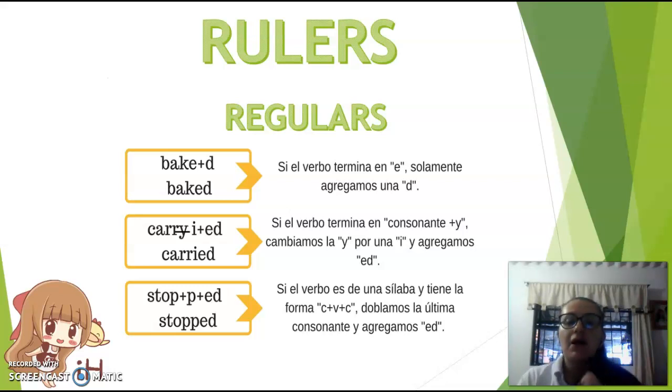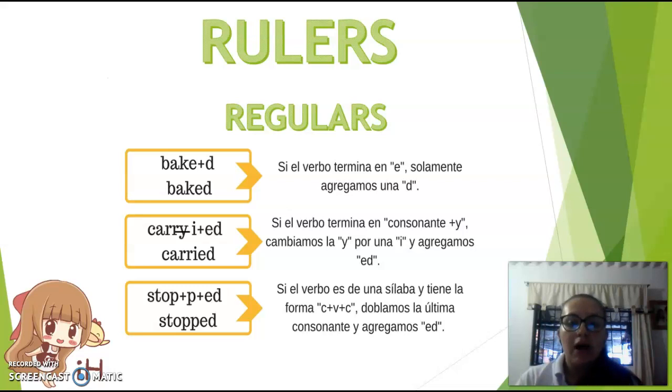The first rule: when the verb finishes in the vowel e, you need to write only d. When the verb finishes in y, you need to change y to the letter i and add ed.